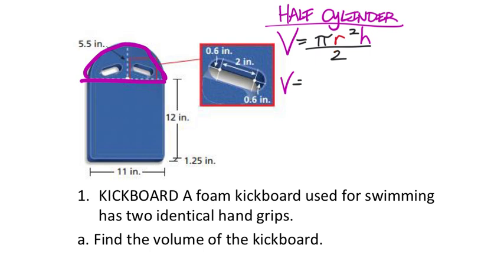Well, let's see, what values does it give us in this shape? Well, it's 5.5 right here, pointing to this dashed line in the middle. And that goes from the center of the circle to the edge, which means this is our radius right here. So I go to my formula, I replace my radius with 5.5.